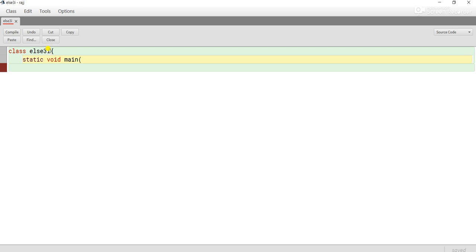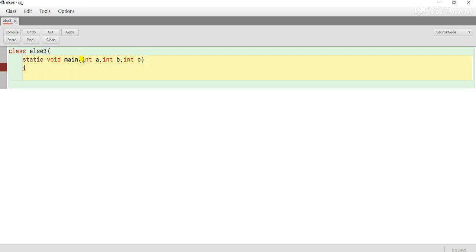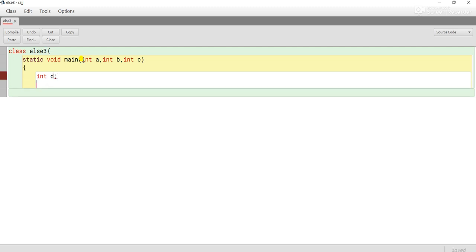In that we need to input three variables. For the three variables, I am using command line arguments, that is A and B and C. So three variables we declared, and in that we need to take a variable discriminant d. Now we need to calculate d is equal to, the formula is b square.